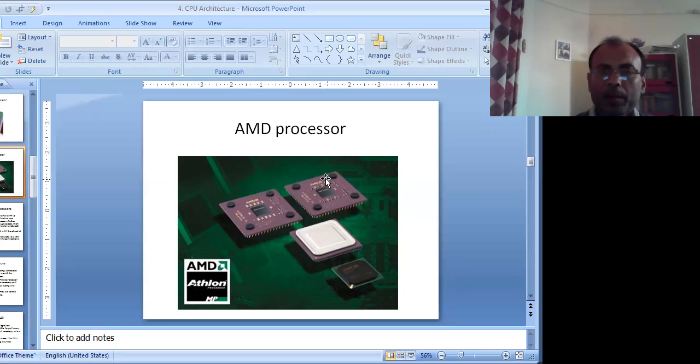For any processor, we have a slot inside our motherboard. Every processor fits into that slot, and the different pins are connected to the different buses, the interconnection lines on the motherboard, for communication with the external units.